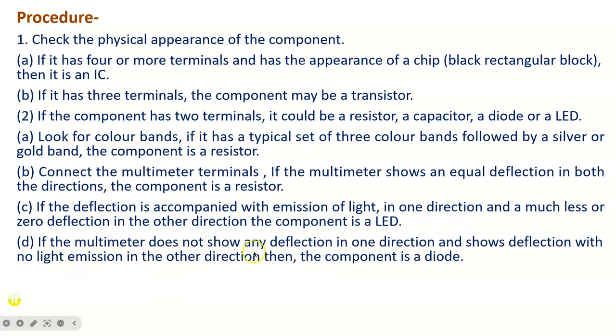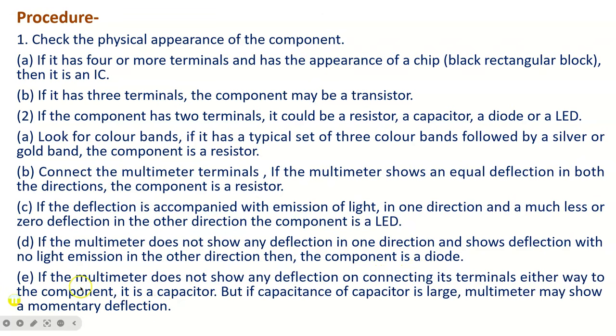If the multimeter does not show any deflection in one direction and shows deflection with no light emission in the other direction, then the component is a diode. If the multimeter does not show any deflection on connecting its terminals either way to the component, it is a capacitor, but if the capacitance of the capacitor is large, the multimeter may show a momentary deflection.